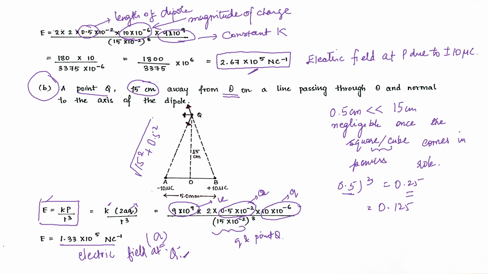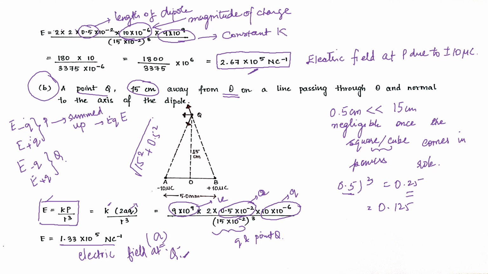So other way to solve this same problem is you can find electric field due to minus q and electric field due to plus q, first for the point P, and then electric field for minus q and electric field for plus q for point q, and these individual fields can be summed up to get an equivalent E. That is also one of the ways to do, and other way is that in our NCERT textbook they have given us a summed up expression, which I have told you in the previous slide.